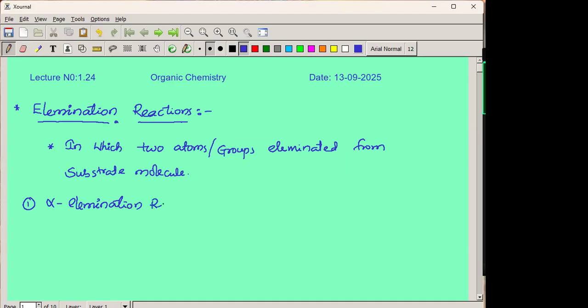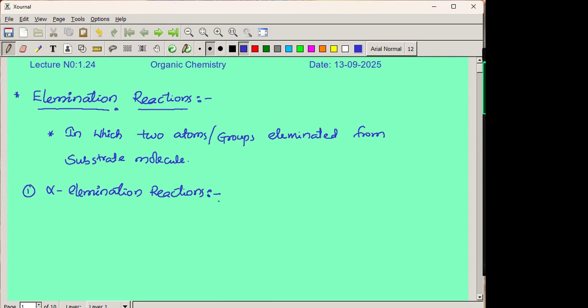So here, alpha elimination reactions. What are the alpha elimination reactions? Here the two atoms or groups are eliminated from one carbon atom, and that is called alpha elimination reaction.